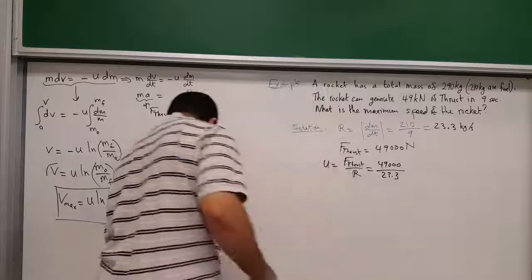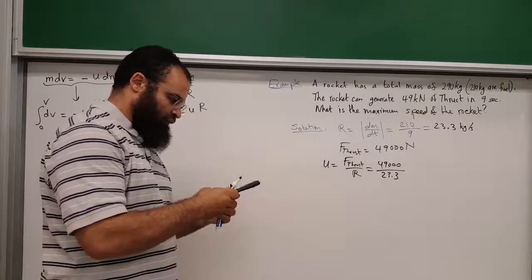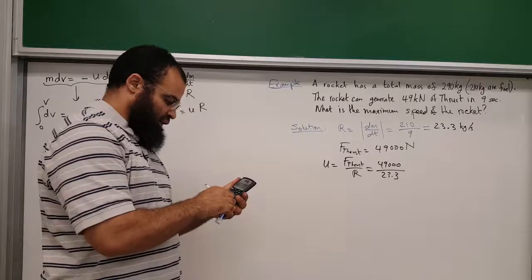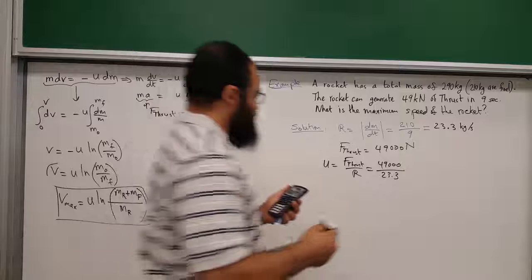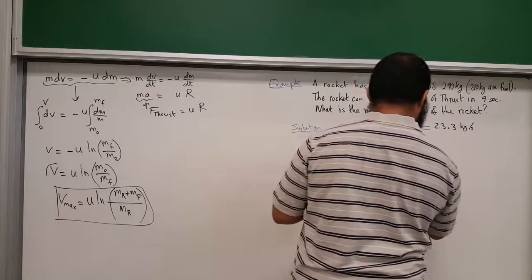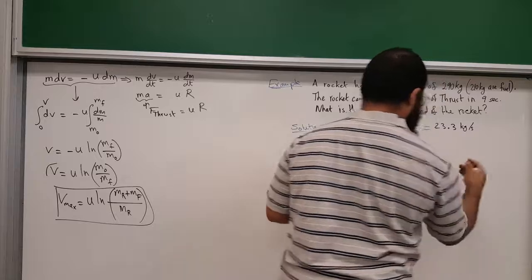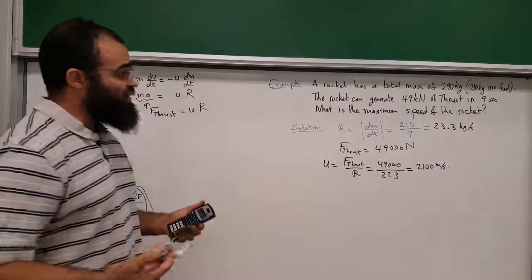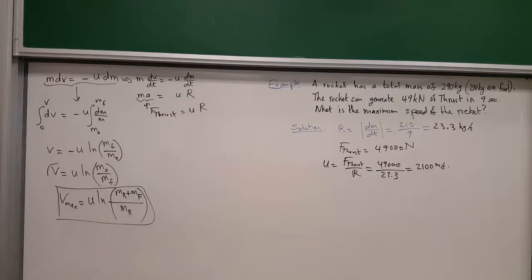Let's see what we get. That's approximately 2,100 meters per second. That means the fuel comes out of the rocket at 2,100 meters per second relative to the rocket.